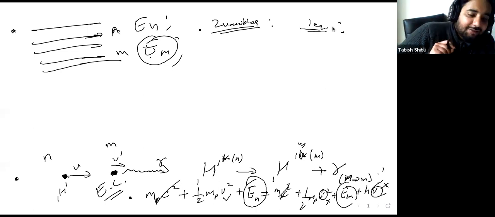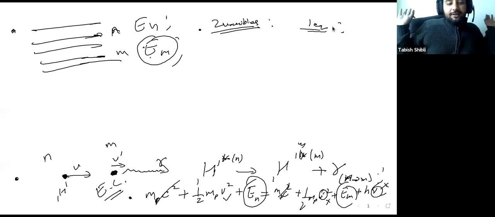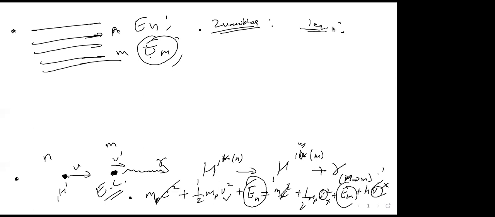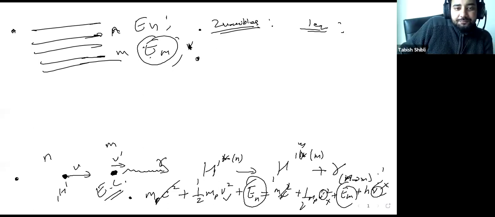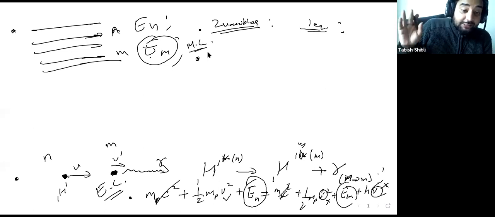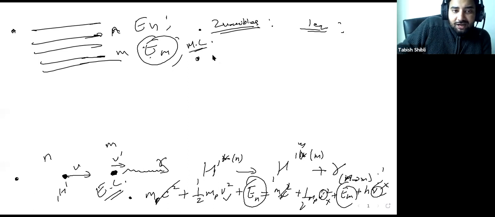Where do we get other equations from? Obviously, the first thing you should try is momentum conservation, right? That's the first thing one tries. Let's try momentum conservation here. That will be mass of the proton times the velocity, the initial total momentum.